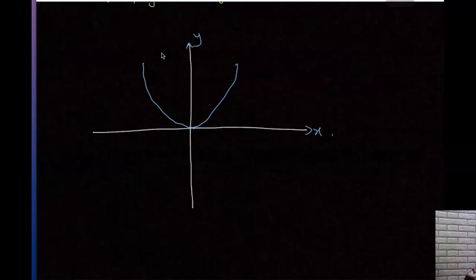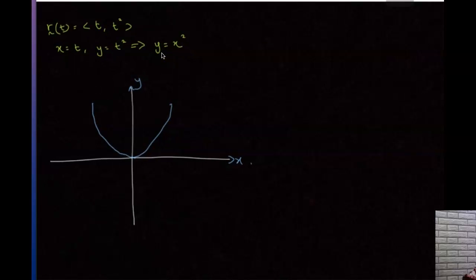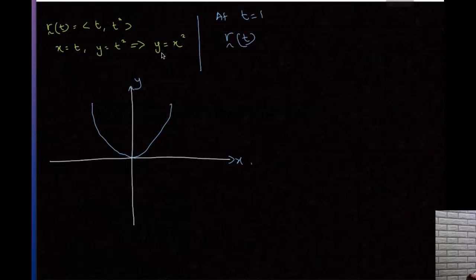So now, sketching the curve and sketching the unit tangent. Okay, so now we list all the results that we've obtained at t equal to 1. At t equal to 1, the position vector is (1, 1). We also already computed the tangent vector.